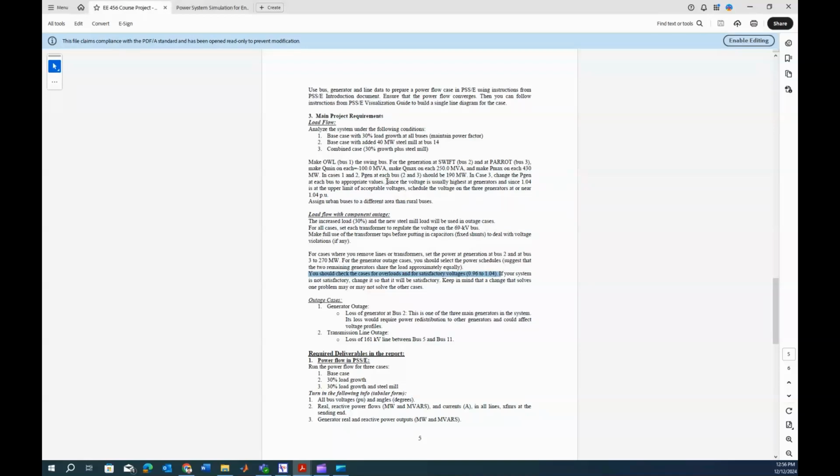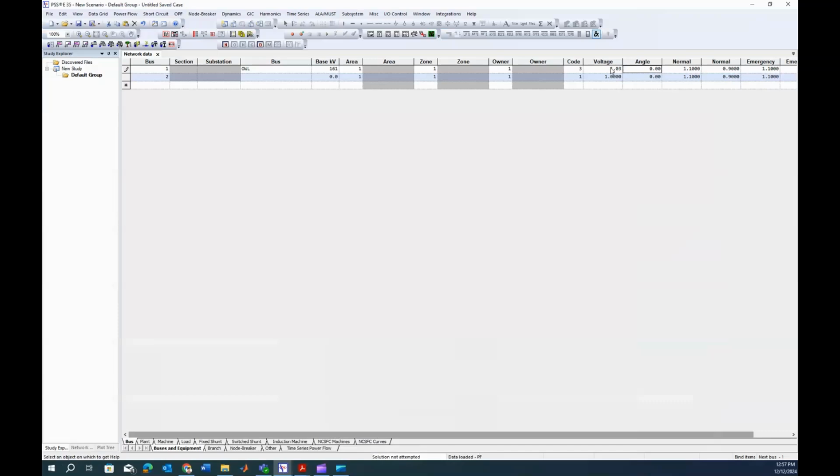But here we clearly stated, in this particular statement on page number 5 of the assignment itself, to take voltages close to 1.04, maybe slightly higher than 1 but less than 1.04. So that's why I take the voltage here as 1.03, and angle I consider as 1.